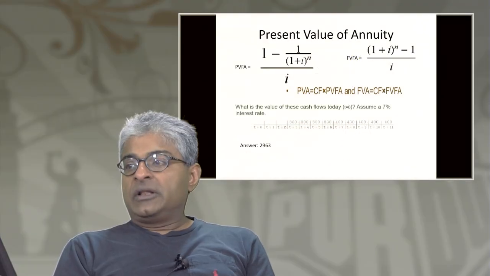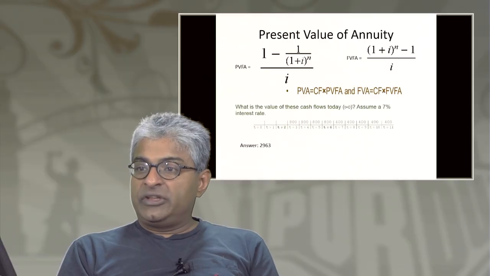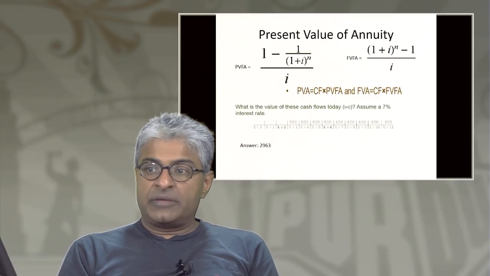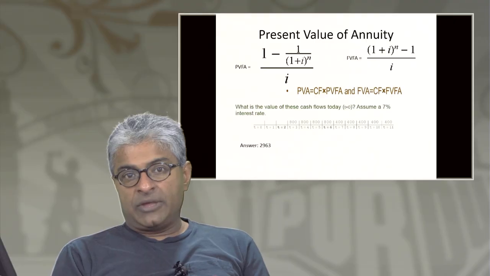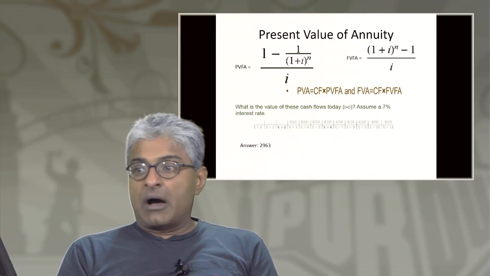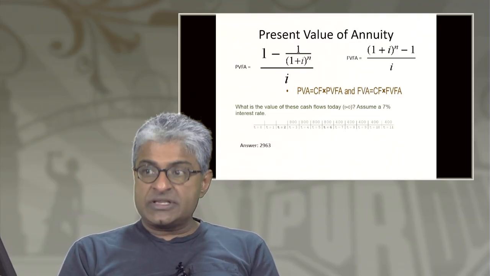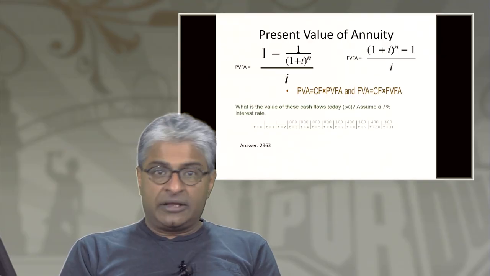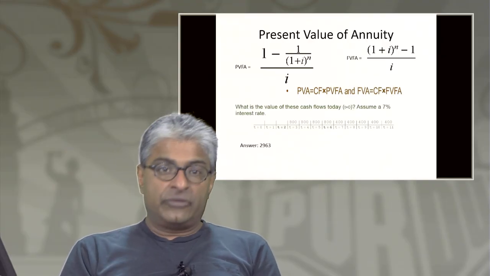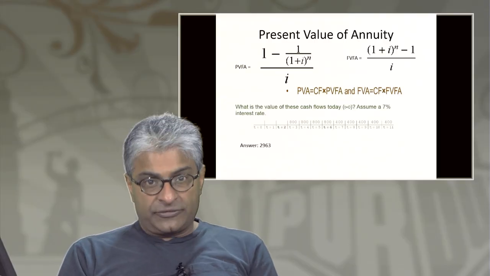Now, let me also be clear. You don't always have to compute these factors, the PVFA or the FVFA, every time, because there are tables that do this for you for any given interest rate i and number of annuity payments n. So it's a simple matter of reading the right table, picking the right number, and then multiplying the cash flow with it.